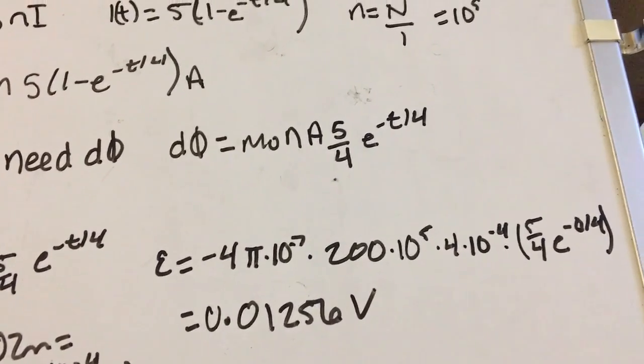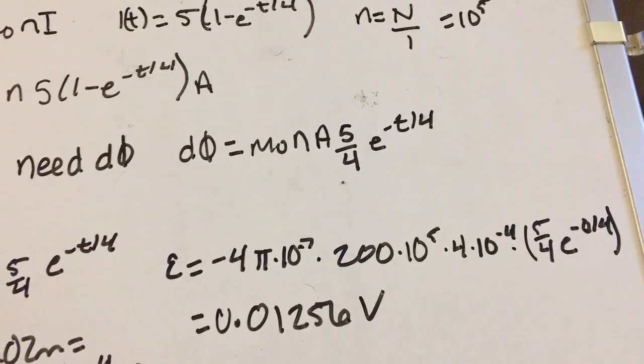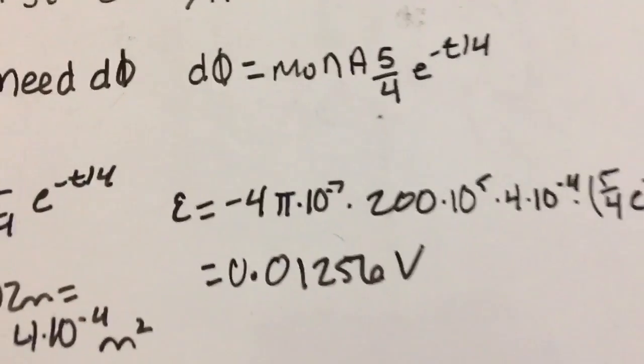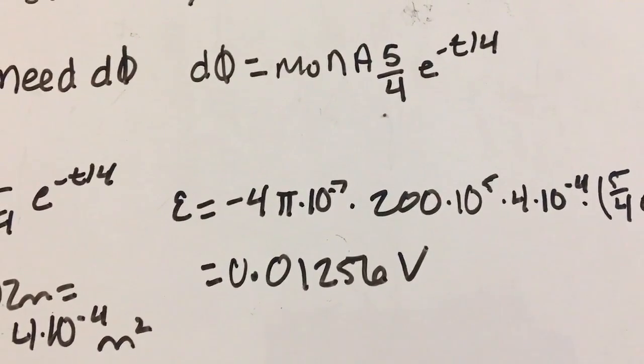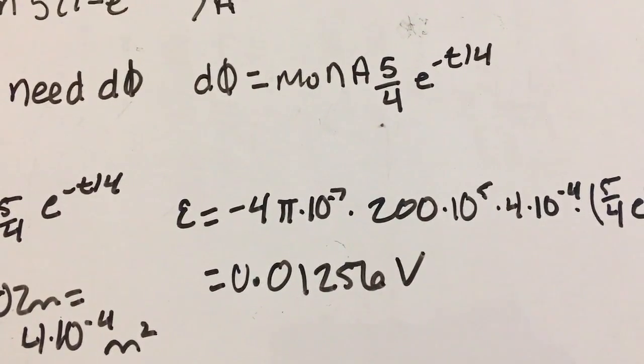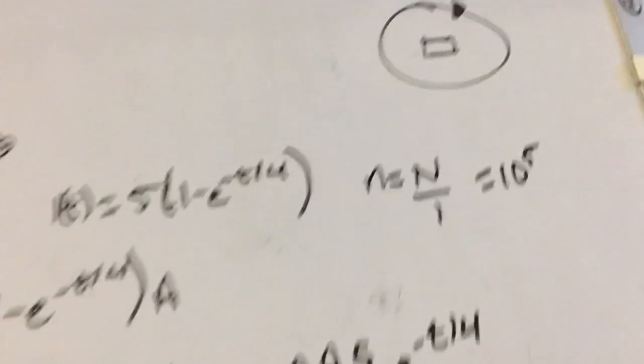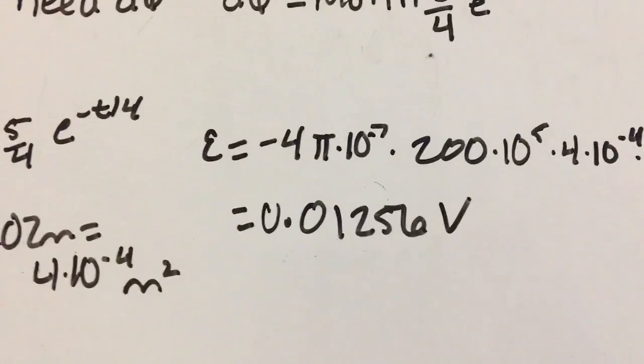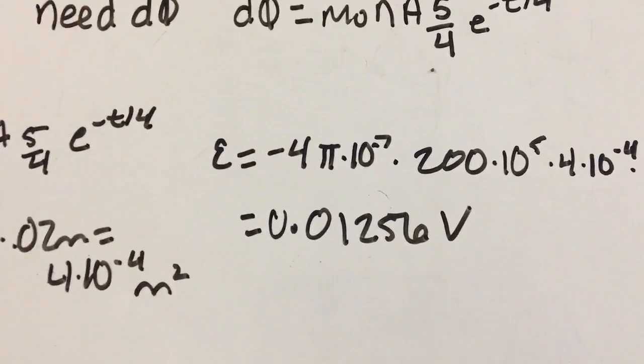The time at the question we are answering is 0, so we plug in 0 for t, and we end up getting that the voltage at time 0 on the square coil is 0.01256 volts.